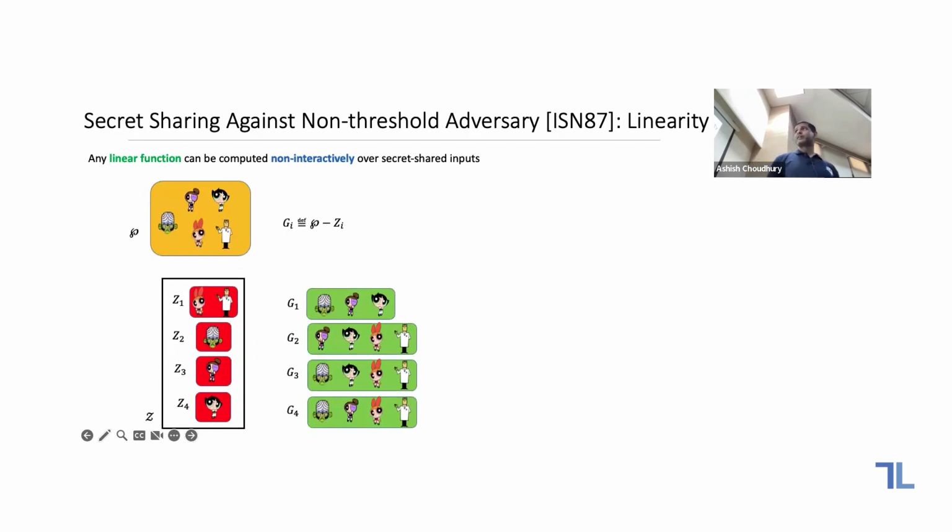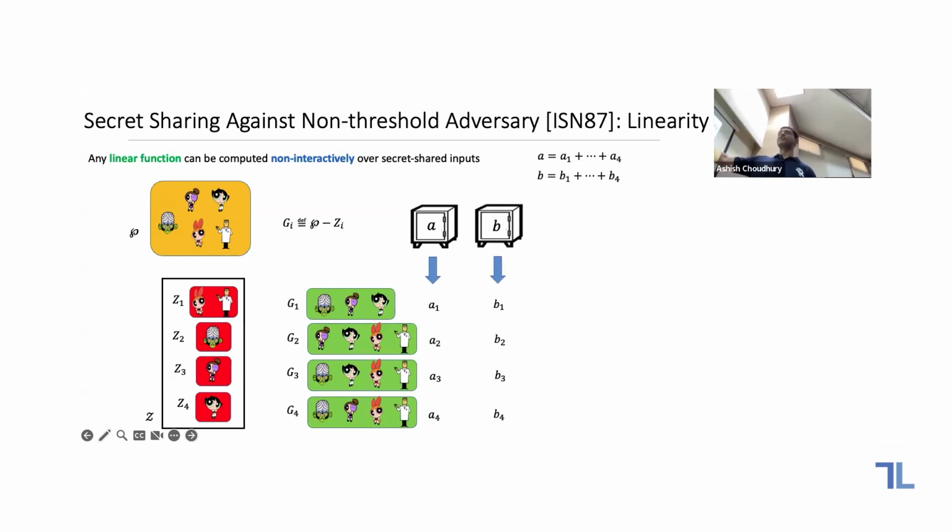So let me demonstrate the linearity property here. Imagine there is a value A which is secret shared. For A, there are shares A1, A2, A3, A4, which sum up to A, and the people in G1 have the share A1, and so on. Similarly, assume there is a value B, which is secret shared in the same manner.